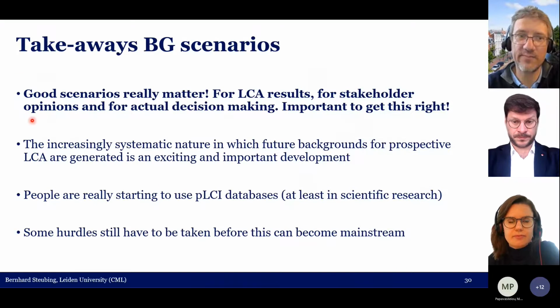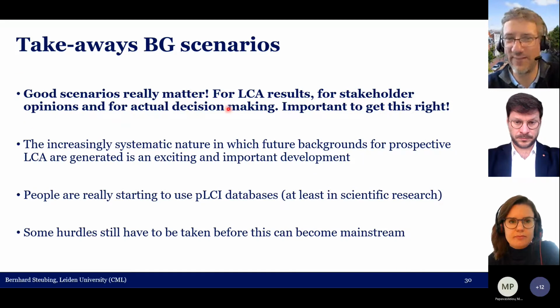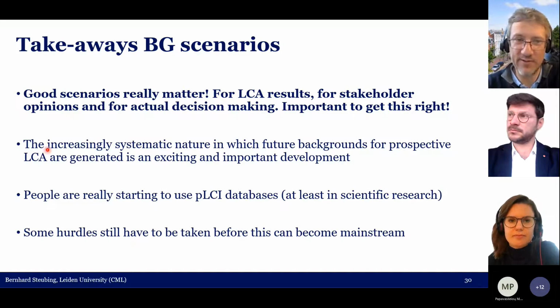So takeaways here, good scenarios really matter. Again, same conclusion here, scenario modeling is really important for the LCA results. And also for stakeholder opinions and actual decision making. There is some hope because we increasingly see prospective LCI databases being generated with increasing quality and coverage.